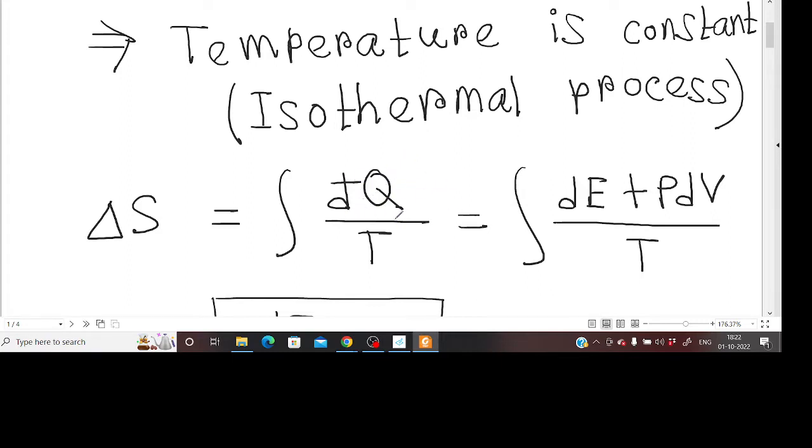From the first law of thermodynamics, we know that del Q is equal to dE plus del W. Here del W is the amount of work done by the gas, which is equal to PdV for a gaseous system. So the change of entropy is equal to integral of dE plus PdV by T.